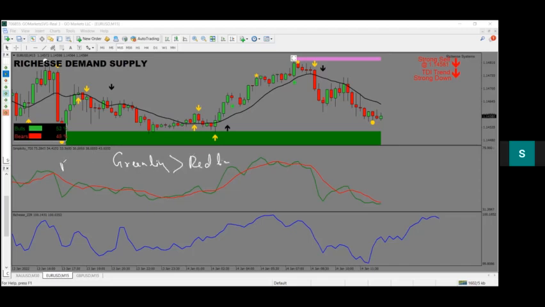Okay, buy. Now this is the green line, and this is the red line. See, the price is going up. Now see, when the green line is below this, you need to go for the sell.